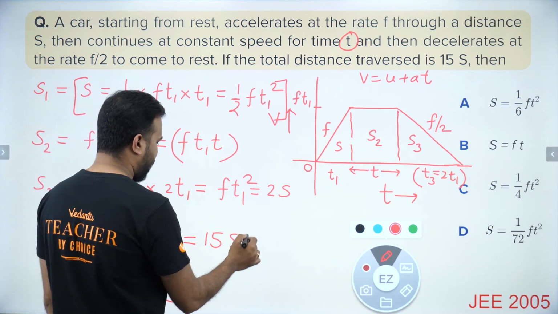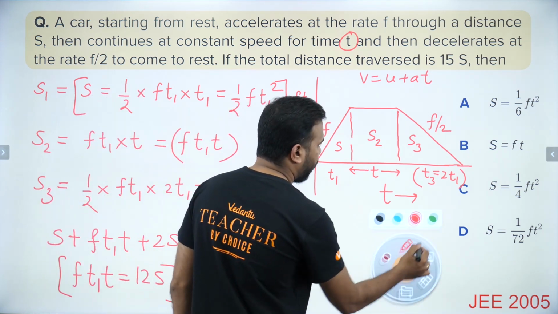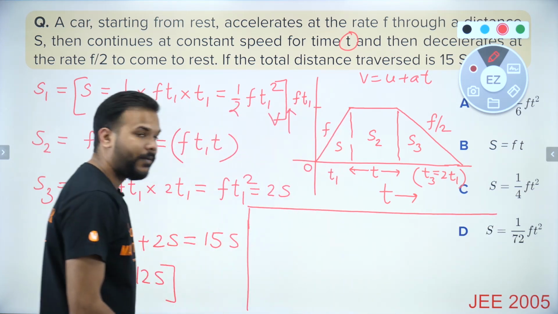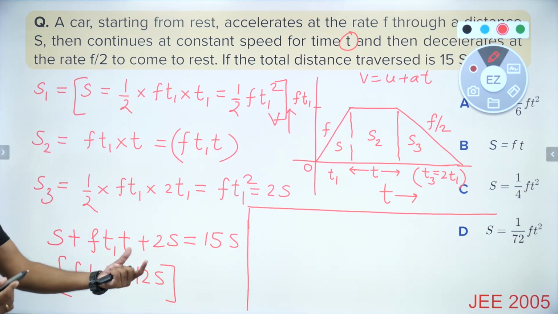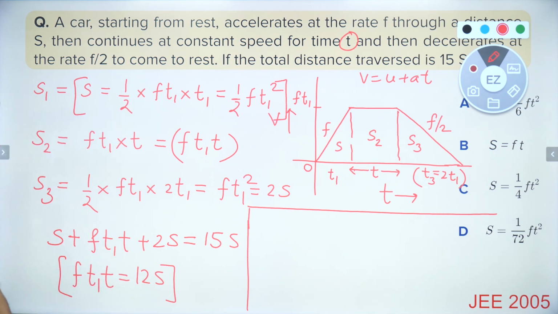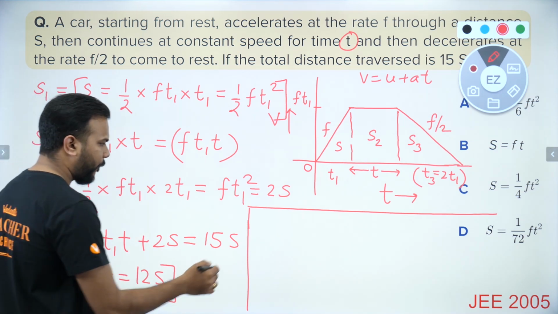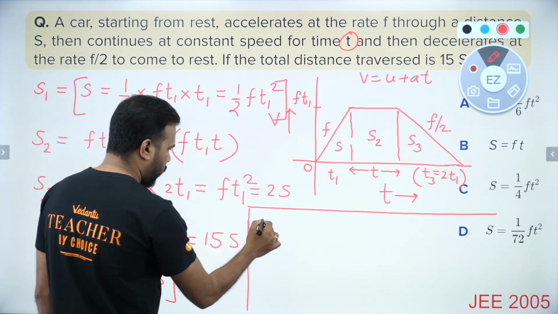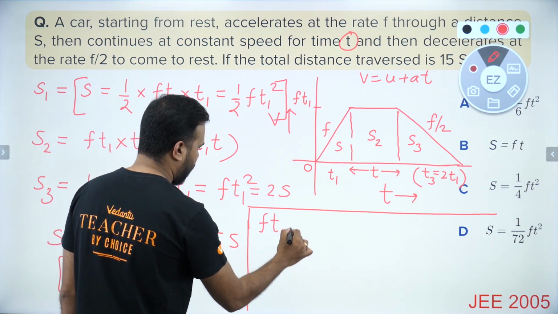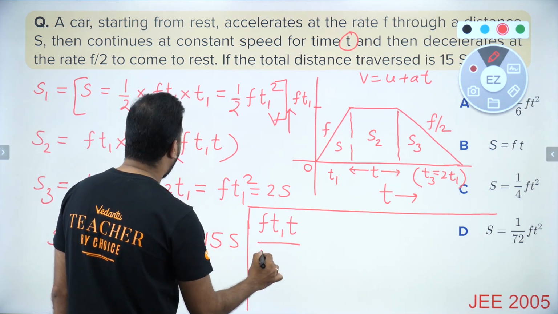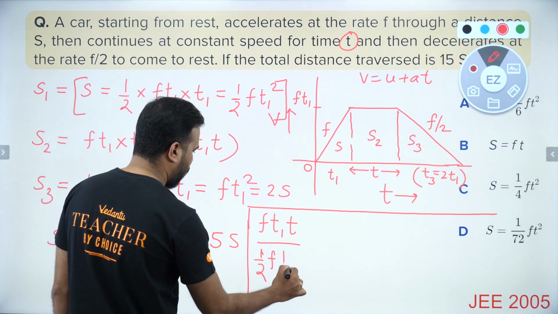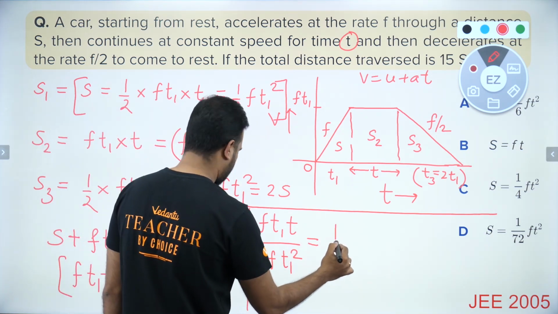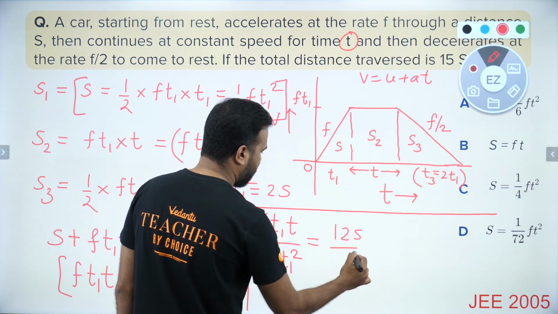So if you divide these two equations, what I'm going to do now is find the value of t1 in terms of t, so that my unknown gets eliminated. So if I divide this equation with this equation, then what I have is ft1t divided by half ft1 square is equal to 12s divided by s.